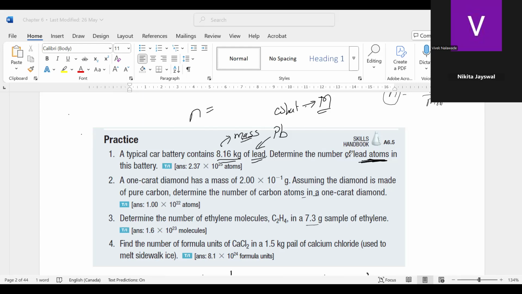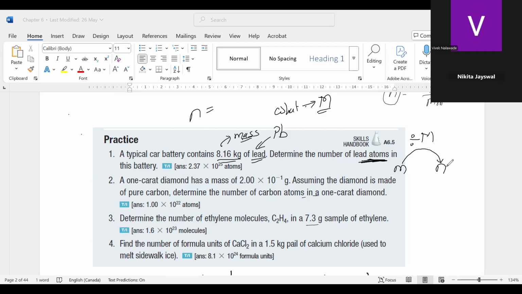Now we have to use two formulas. The way I deal with such problems, if mass is given to us, we have to determine the moles. And how to determine the moles from mass? We divide by the molar mass.